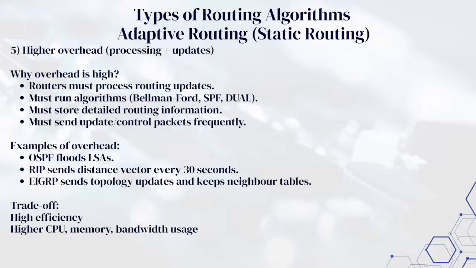The router must process routing updates, it must run algorithms, it must store detailed routing information, and it must send updates or control packets frequently. These are the reasons the overhead is higher compared to non-adaptive or static routing.